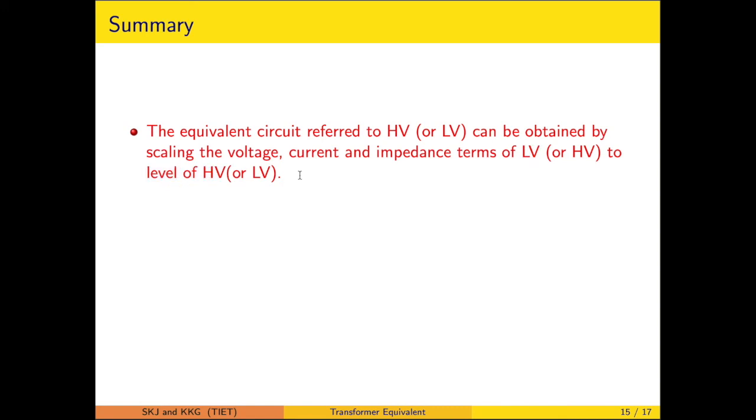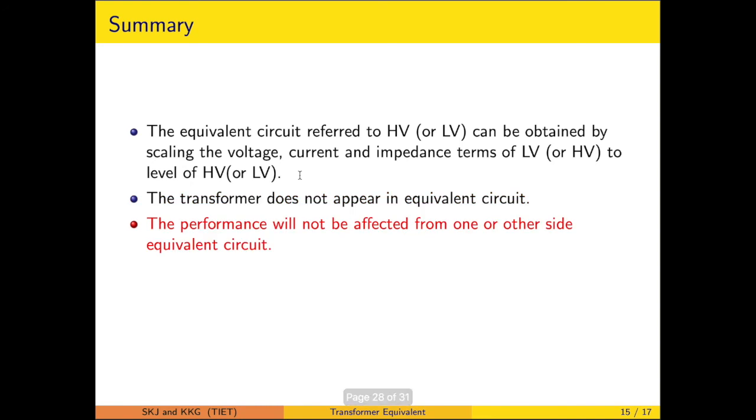In all the equivalent circuits, the transformer does not appear at all, and the rest of the circuit is treated as a simple AC circuit. The performance will not be affected whether we consider the equivalent referred to one side or the other. It can be referred to the high voltage side or the low voltage side. The performance will be the same, only the numerical values will change accordingly.